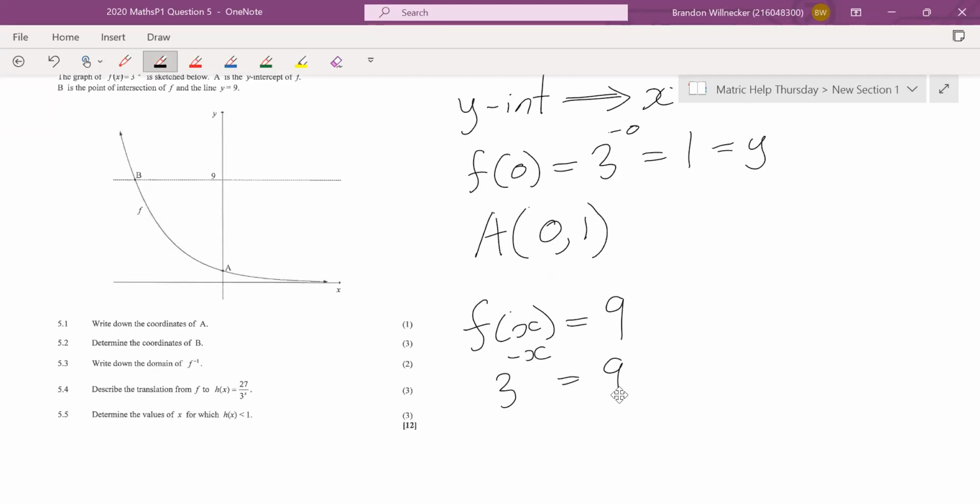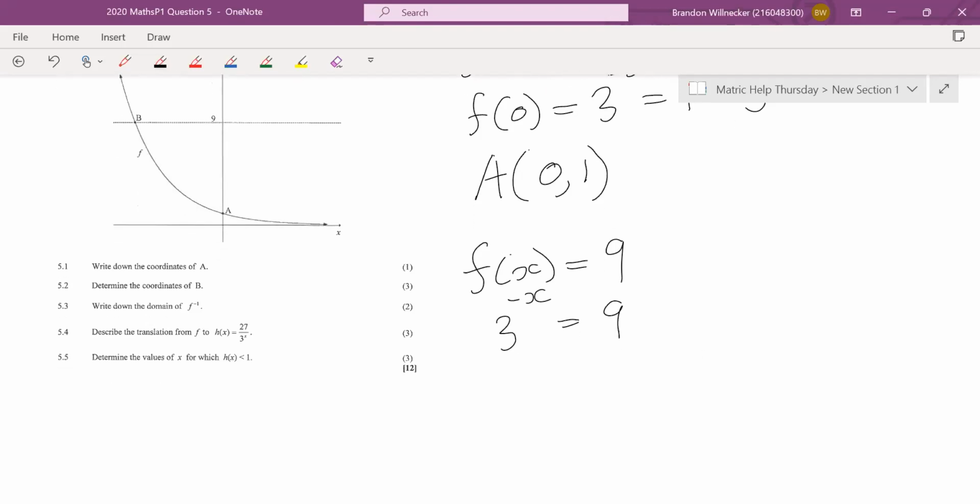We've got exponent work here, which means we need the same base. If we have the same base, then we can compare the exponents. In this case, the smaller base between the two is 3, so we should write both sides as base 3. This will be 3 to the minus x is equal to 3 squared, which is 9. Now that the bases are the same, the exponents must also be the same.